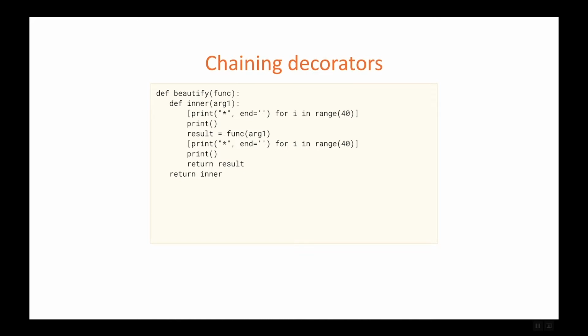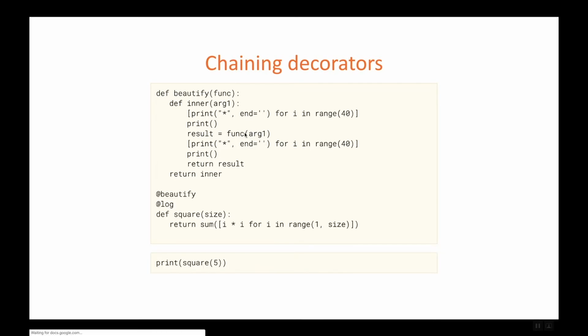I simply want to print some stars before the actual execution of the function, just to make it look a bit nicer in code. And then I have my square function that returns the sum of the squares of the numbers in a certain range. All right, so let's go ahead and put this in our code and try it out.